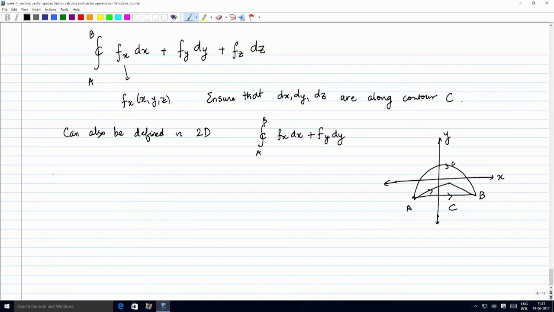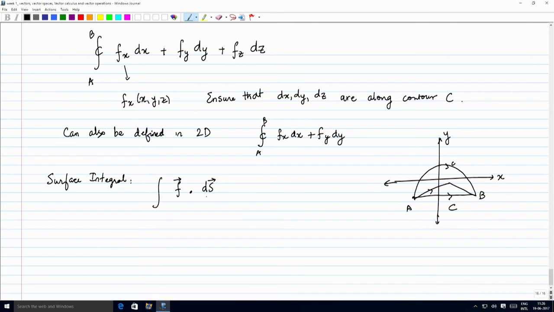The other integral that we talked about is what we called a surface integral. Here you take the integral of f, some vector field, dotted with ds vector.